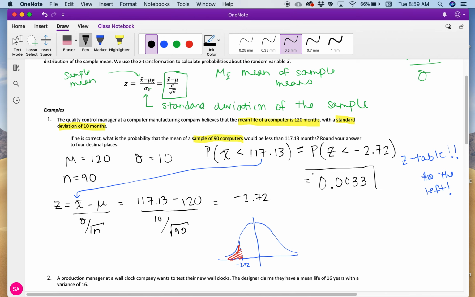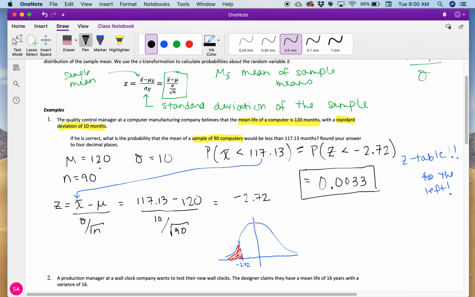And that, my friends, is the answer. Once again, if we're finding less than a number, that means the area to the left, and you literally just have to look that up. If it's to the right, or there are other versions of this problem that we're going to look at, there's a little more work involved.